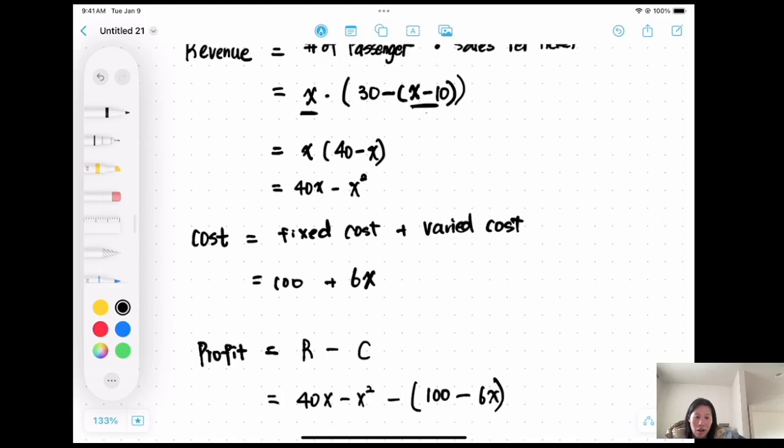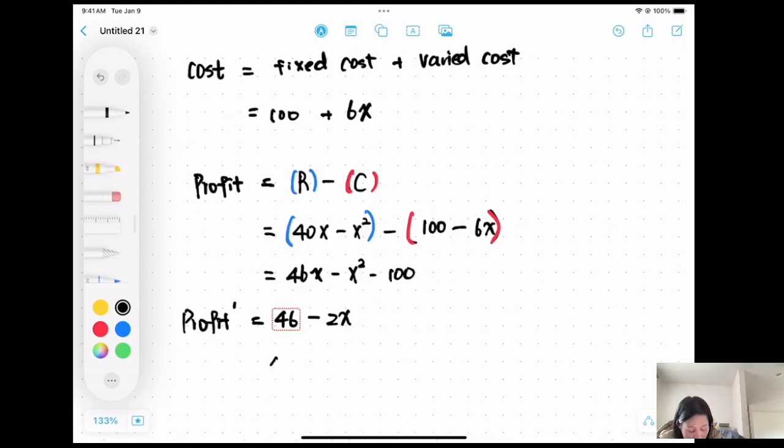We want to have a maximum profit, so we need to find the first derivative to find the critical point. I got 34 minus 2x minus 0. And then you want to set the first derivative equal to 0. Then I can get the critical point. So I have x equals 17. Still, we are not sure about that, because a critical point could be an inflection point, the minimum, or the maximum.